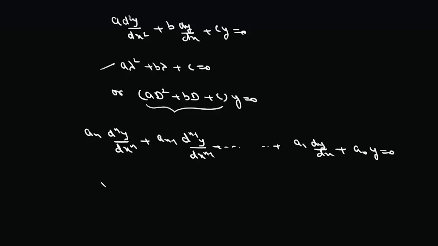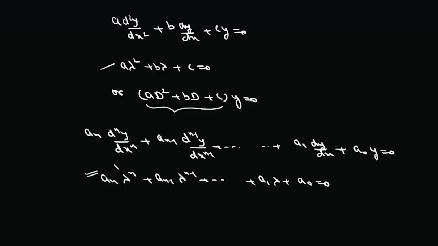We can write its characteristic equation, and it will be an lambda to the power n plus an minus 1 lambda to the power n minus 1 up to a1 lambda plus a naught equals to 0, which is a polynomial equation in lambda, and we can solve this equation to find different values of lambda.